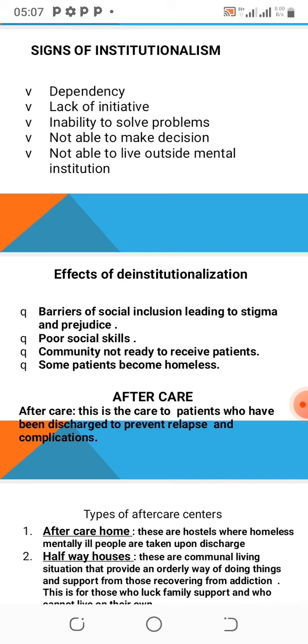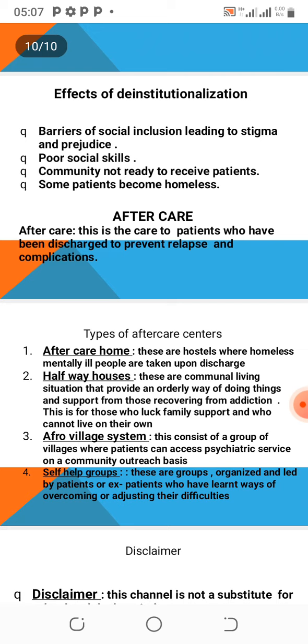All right, so come to aftercare. Aftercare is the care that is given to patients who have been discharged to prevent relapse and complications. So to prevent relapse of the mental health conditions. There are types of aftercare centers. Aftercare homes are hostels where homeless, mentally ill people are taken upon discharge.